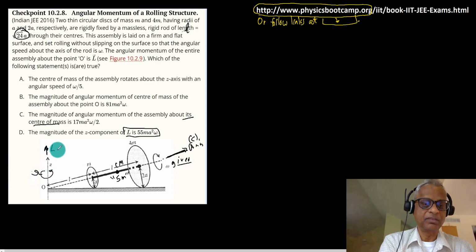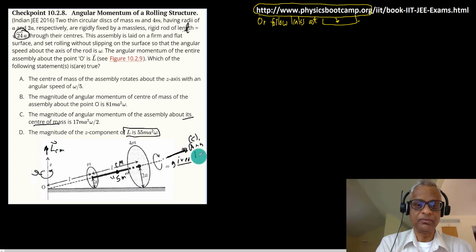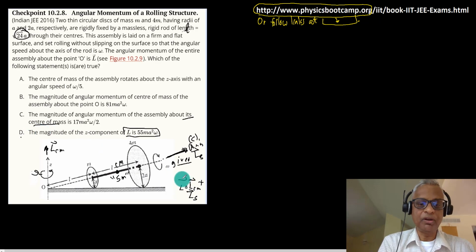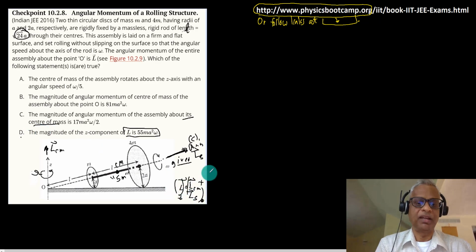So this is L CM, and this is L spin, let's say. So net is this plus this, so L is the L CM vector plus the L S vector, and D is about the Z component of that. So we have to get the Z component of that.